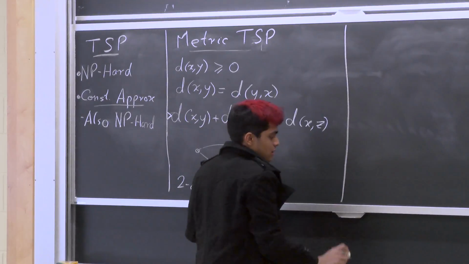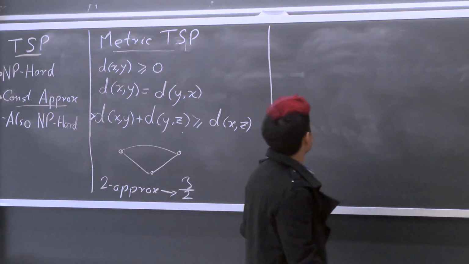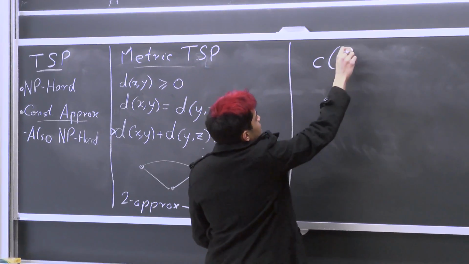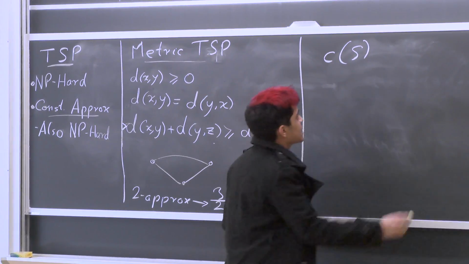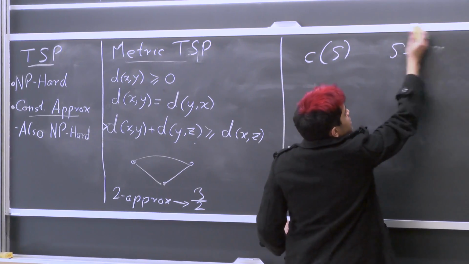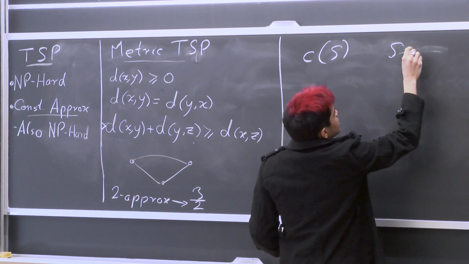So before we begin, let's define a couple of terms. Let's define C of S. So what is S? Let's say S is a set of edges.